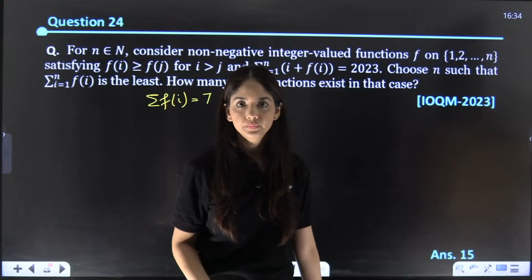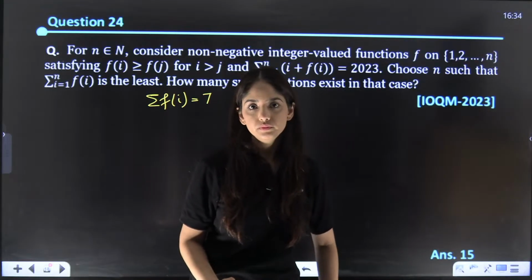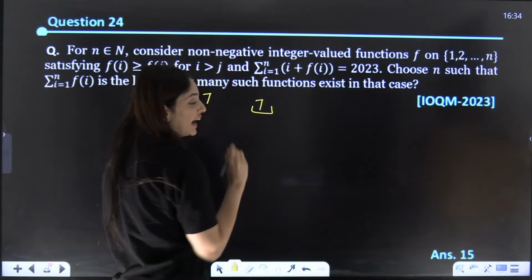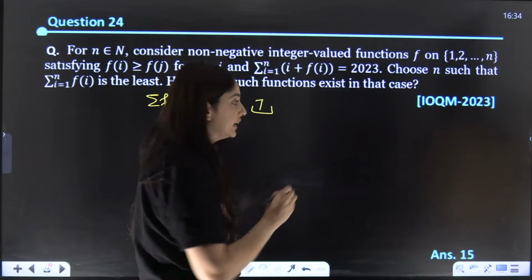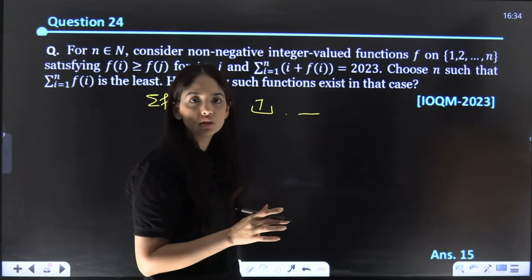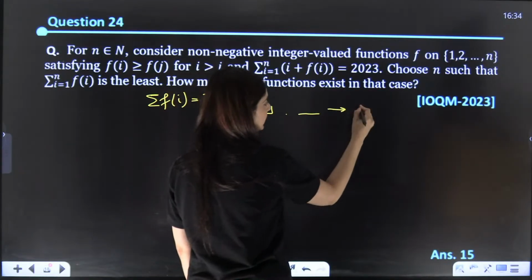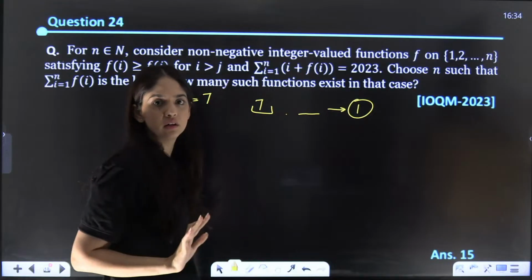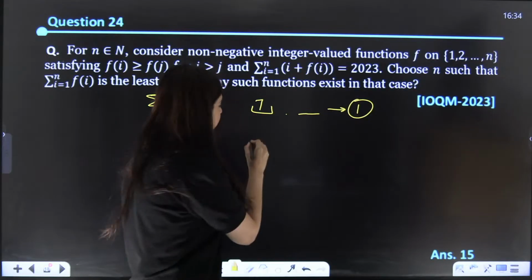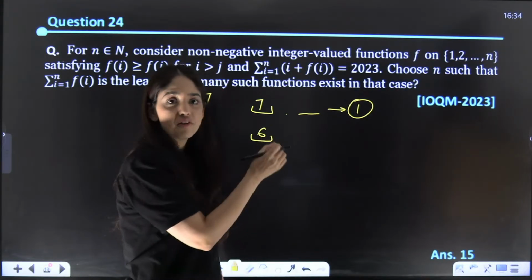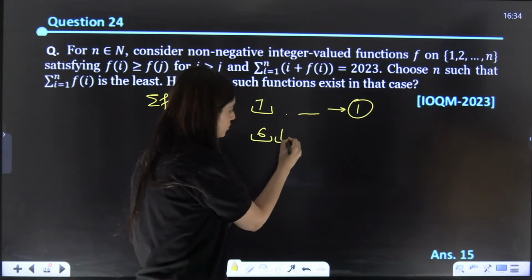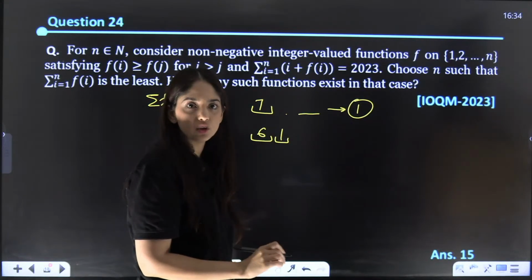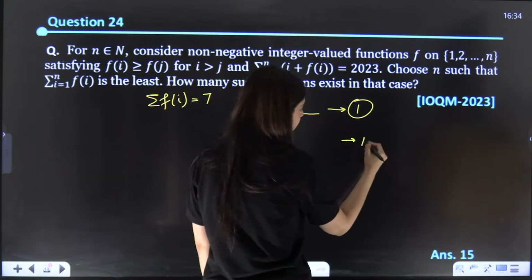When the highest number is 7, all the others will be 0, so that gives 1 possibility. If it is 6, then we have 1 remaining, so the next one has to be 1. After that, all of them are 0. So this also gives 1 option.